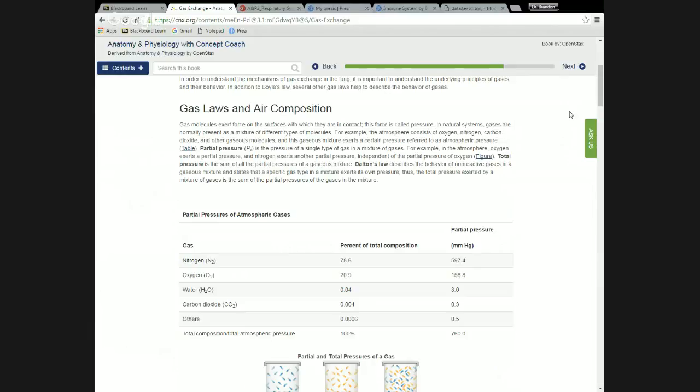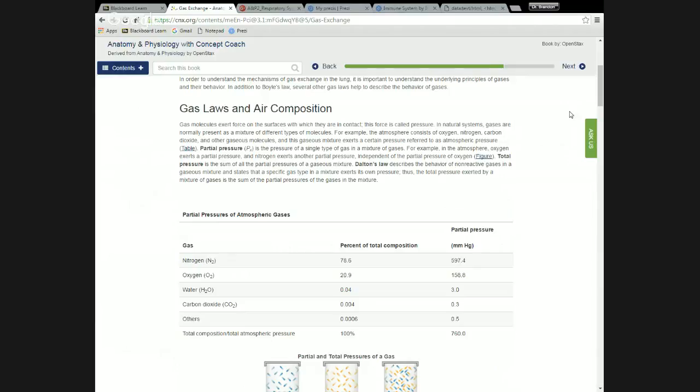The subscript T next to P means total pressure. But all of these others, when we see P for pressure with a subscript depicting a particular thing, that's what we call the partial pressure. So what Dalton's law basically says is the total pressure of a mixture of gases is the sum of the partial pressures of those individual components.